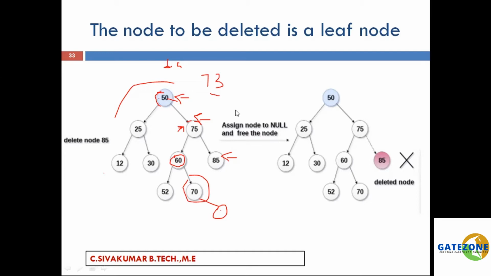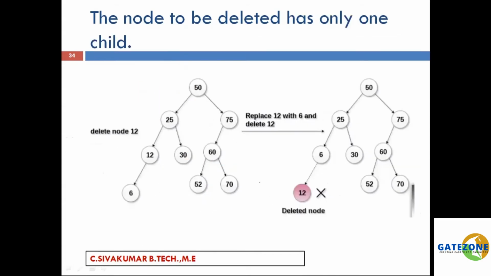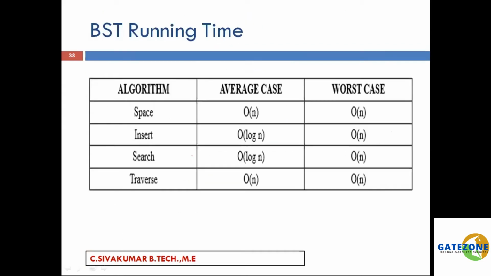So in case the tree is a skewed tree, do you know what is a skewed tree? Skewed tree means... tell me what a skewed tree is. Okay, so consider this tree.